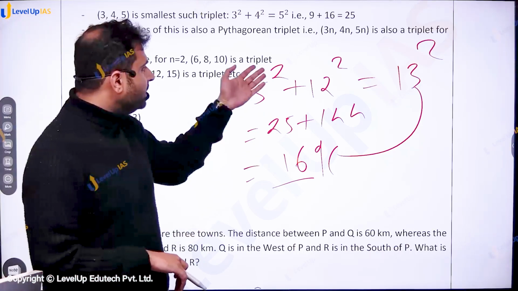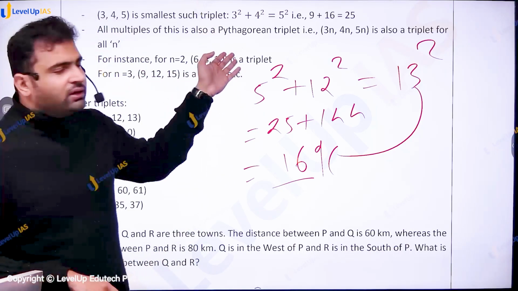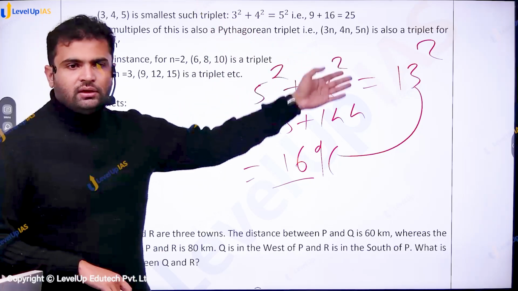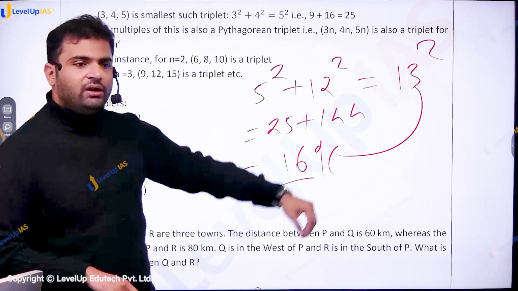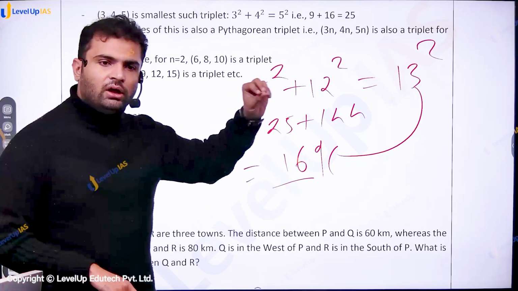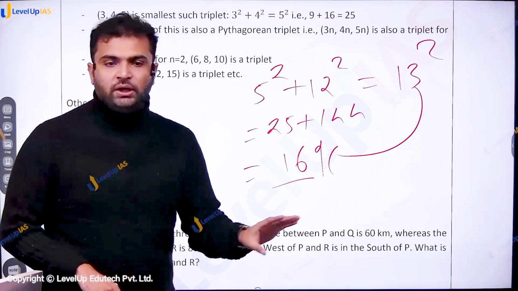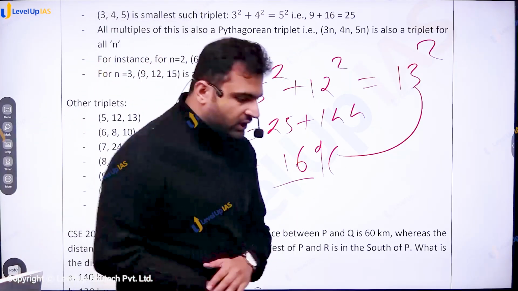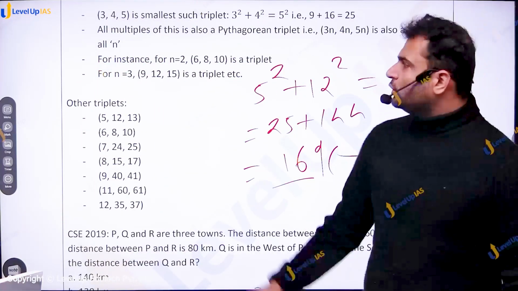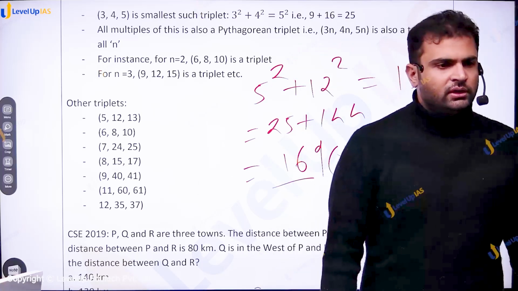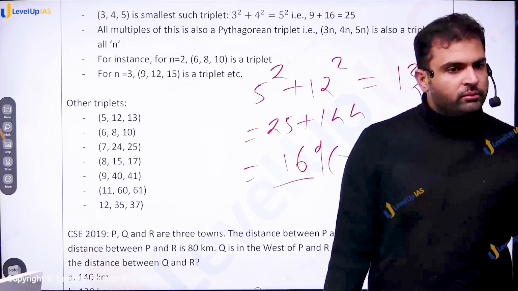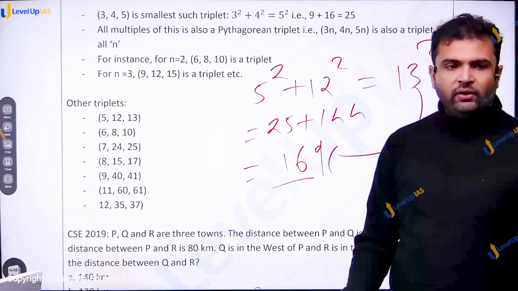Every such triplet need not be 3n, 4n, 5n. We are saying 3n, 4n, 5n will all be triplets. But we are not saying that all triplets should be of the 3n, 4n, 5n form. There could be other triplets, no problem. But 3n, 4n, 5n are definitely triplets.